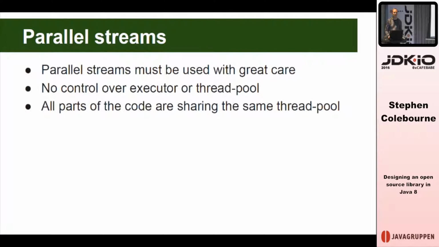So you've got no control over that executor. I think there's a case to say maybe the API shouldn't have had parallel stream in it, and that will be controversial to some people. But the use cases for which parallel stream actually applies turn out to be pretty small.